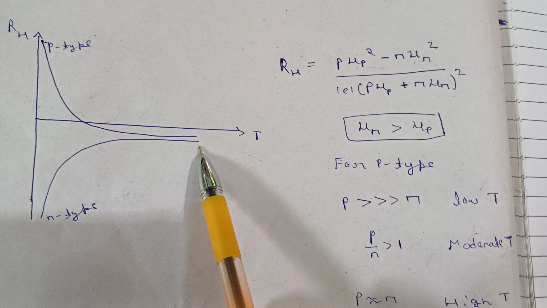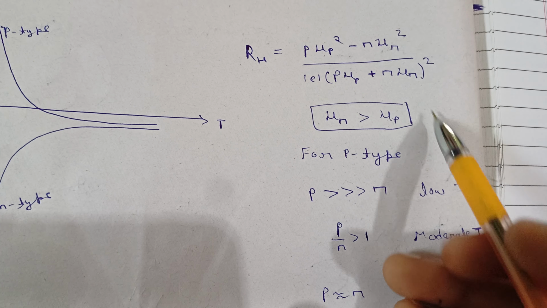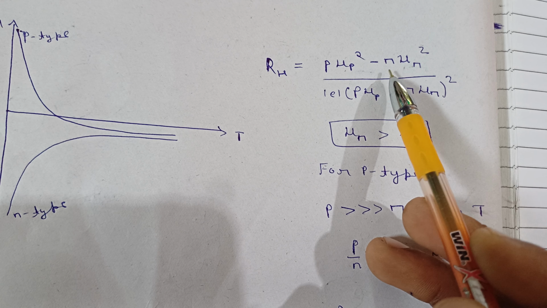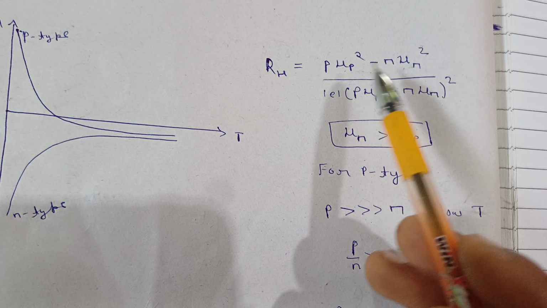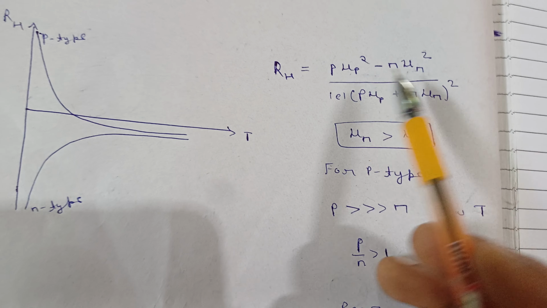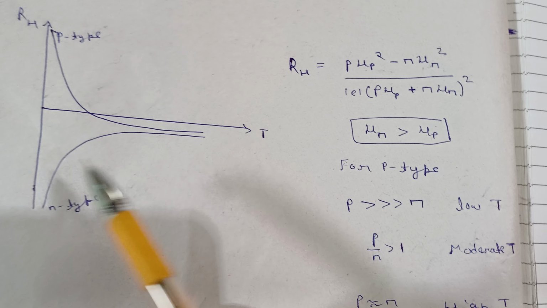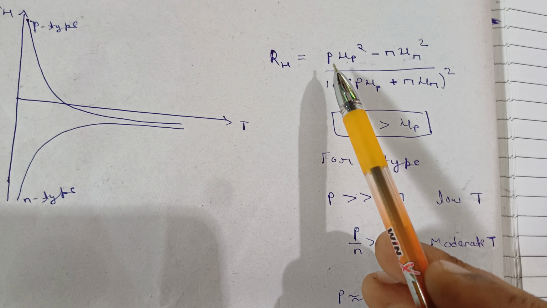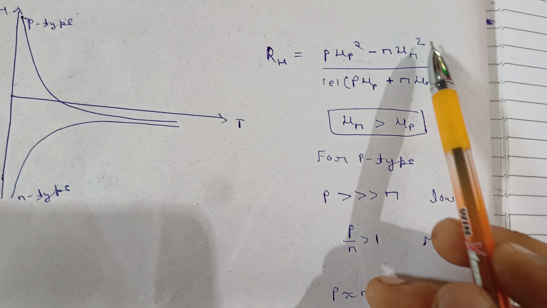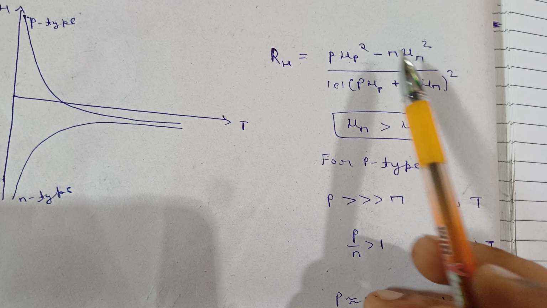Okay, and for N type it is simple. For very low temperature, we know that the concentration of N will be greater than P and mu N is also greater than mu P, so this will be negative, and it is more negative for low temperature. Then as the temperature increases, P starts to increase and N starts to decrease, which means this factor will become less negative.